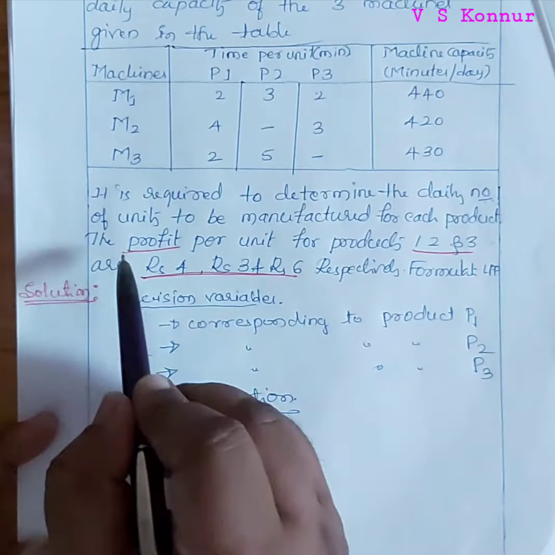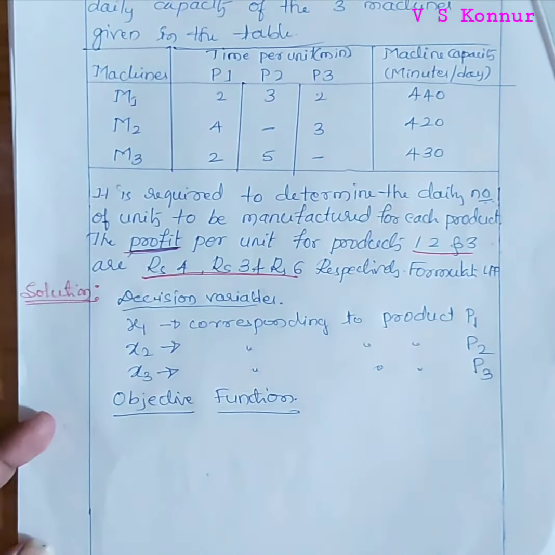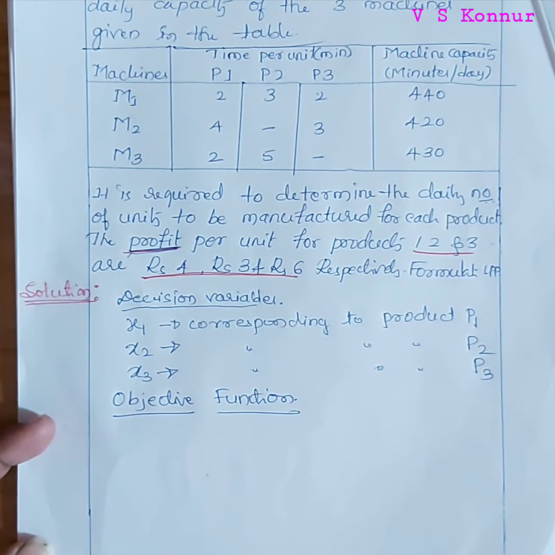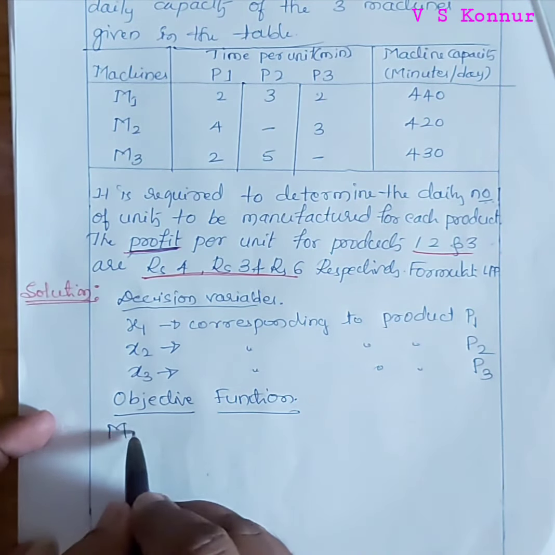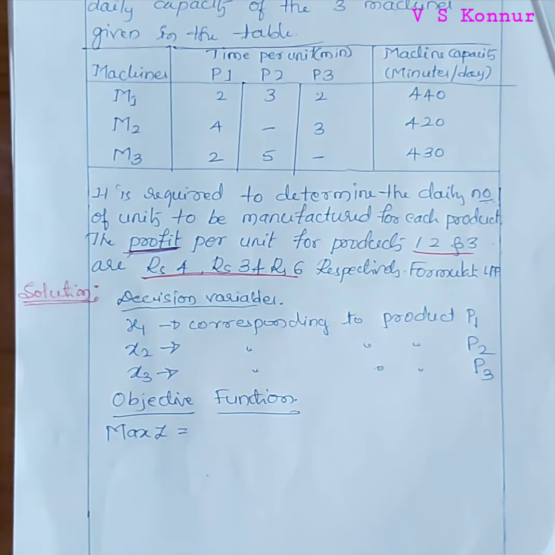If there is a profit in the problem, then that is called maximization. If there is a loss or cost, then that is called minimization of the problem. Here the objective function is max of Z. Maximization of Z. Z is nothing but the indication of the objective function.